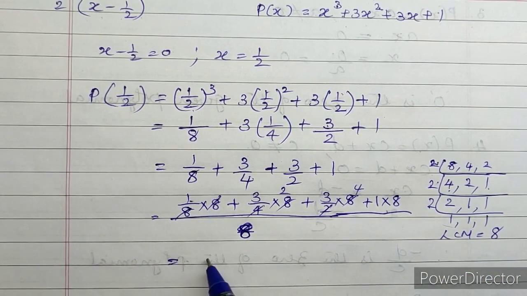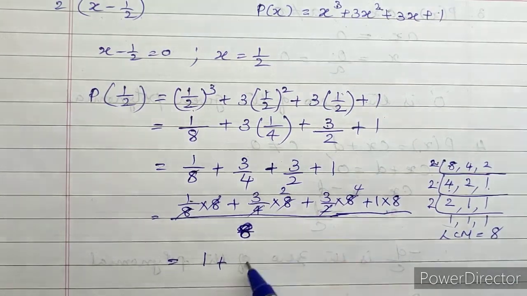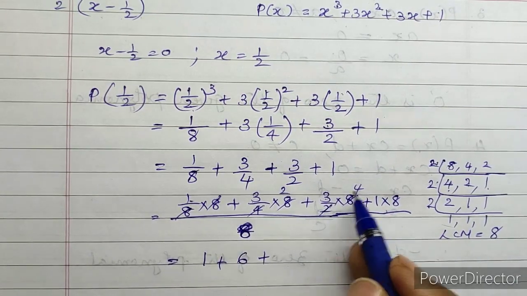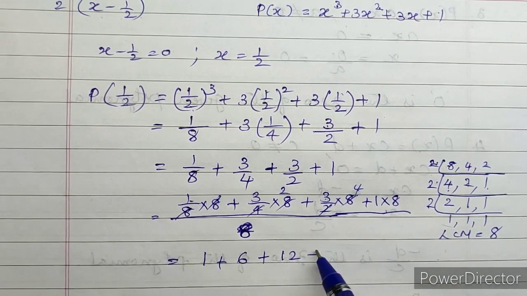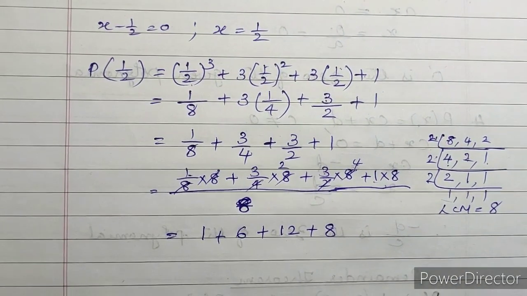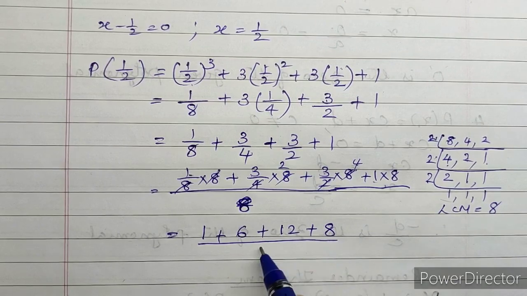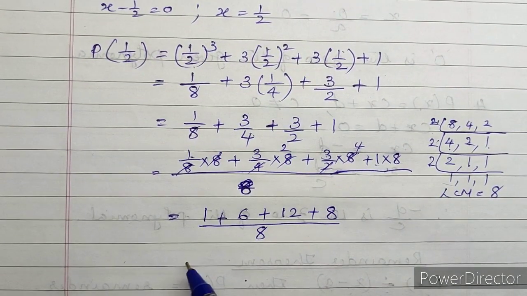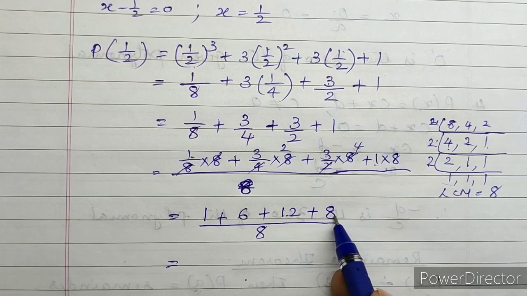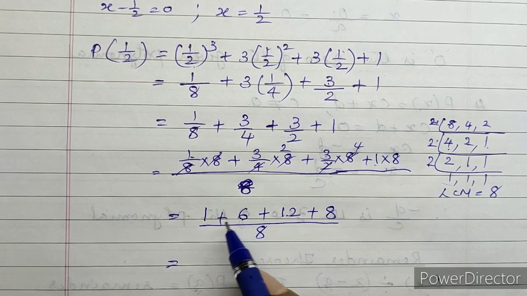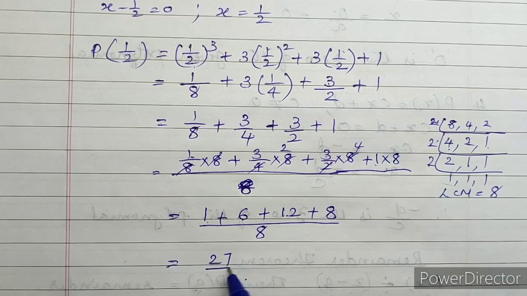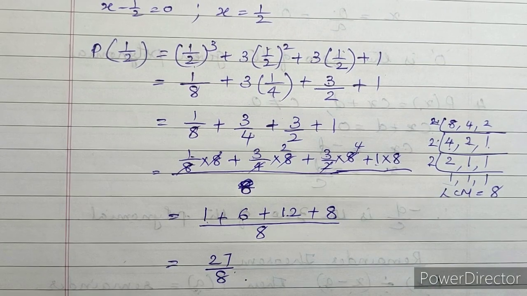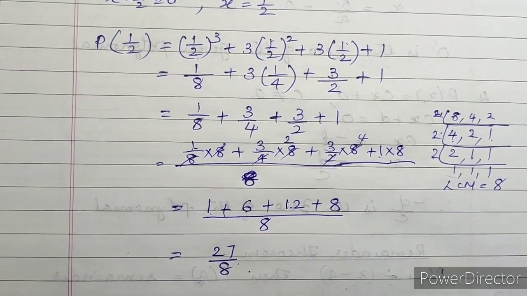Here 1 into 1, 1 only, plus 3 twos are 6, plus 3 fours are 12, plus 1 eights are 8. Now all you have to add, divided by 8, don't forget that. 12 plus 8 is 20, 20 plus 6 is 26, plus 1, 27 by 8. So the answer we got is 27 by 8.